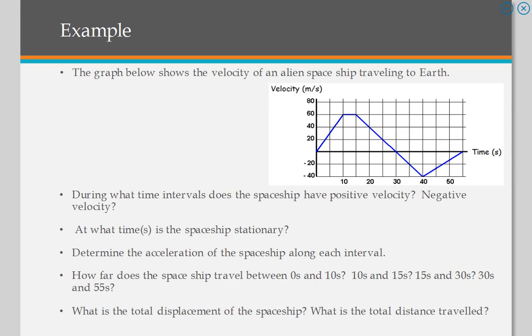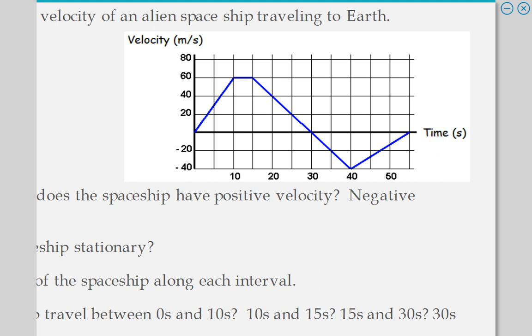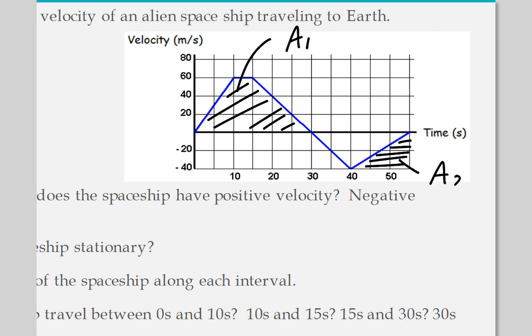What is the total displacement of the ship? For total displacement, you would have to take all this area, call that area 1, and all this area, call that area 2. Oh, backwards, my bad. This area, call that area 2.